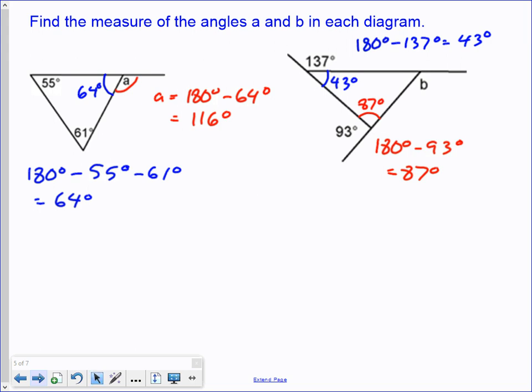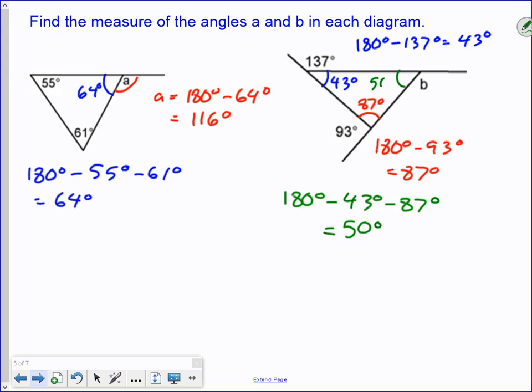which lets us then figure out this angle in here, because those three angles inside our triangle have to add up to 180 degrees. So if we do 180 minus 43 minus 87, 180 minus 43 degrees minus 87 degrees is going to give us 50 degrees.